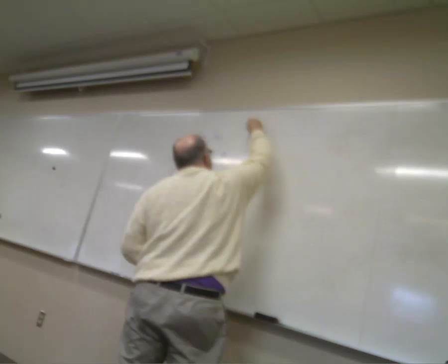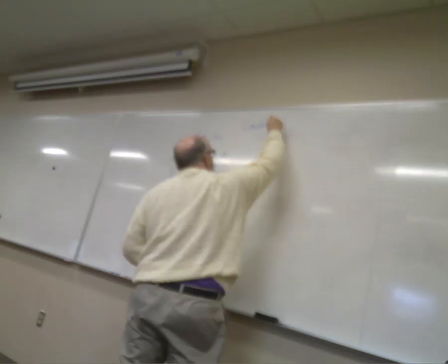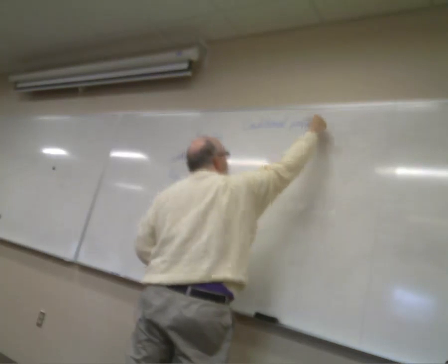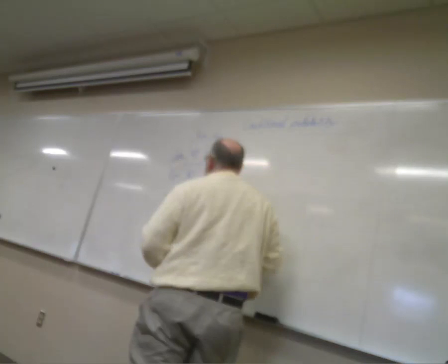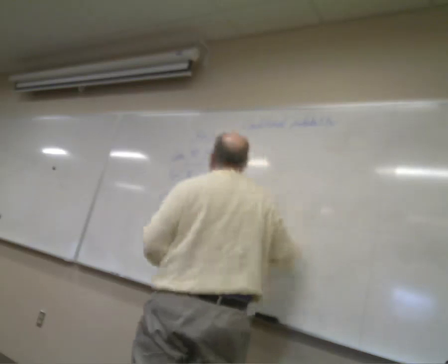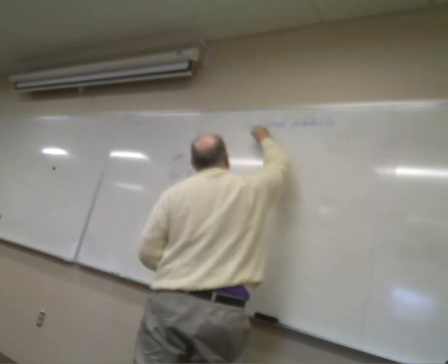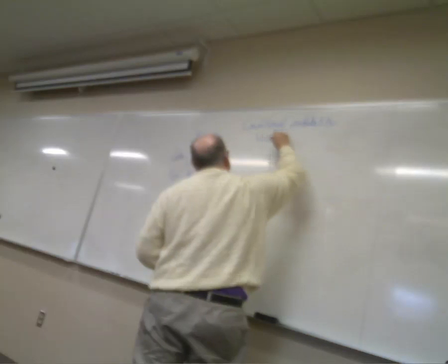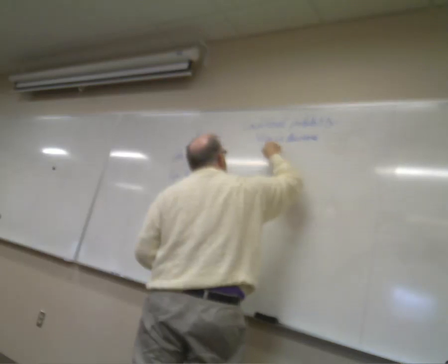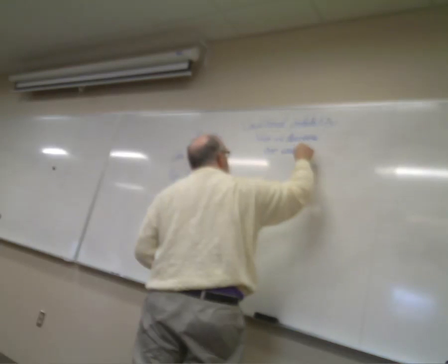What is conditional probability? Conditional probability, in the description of it, is when we decrease our sample to a specific category.